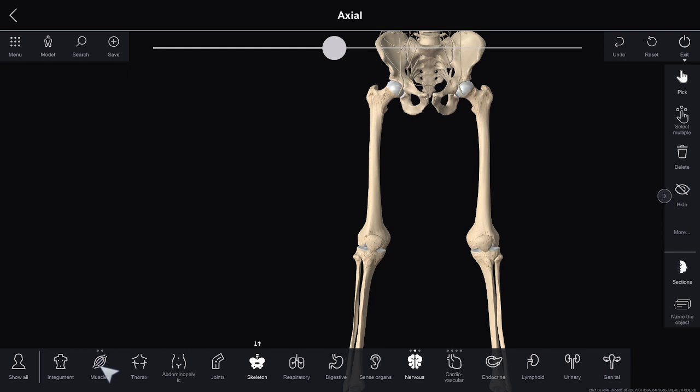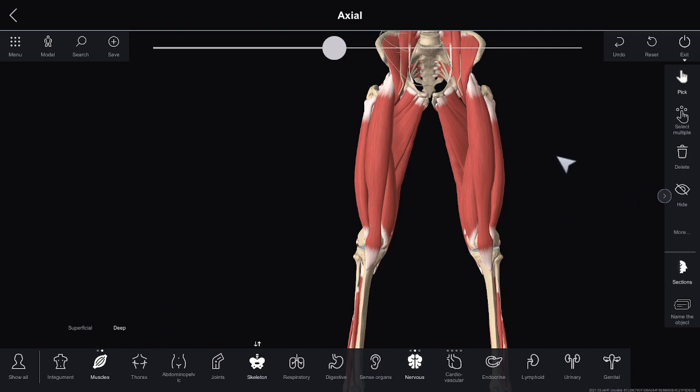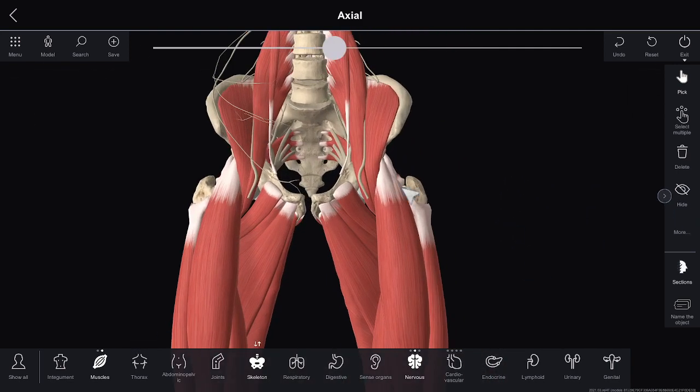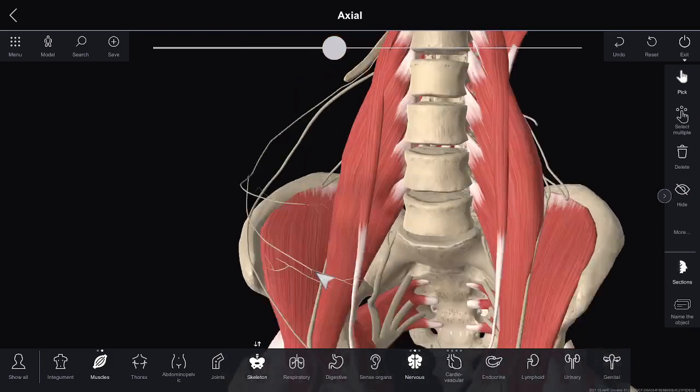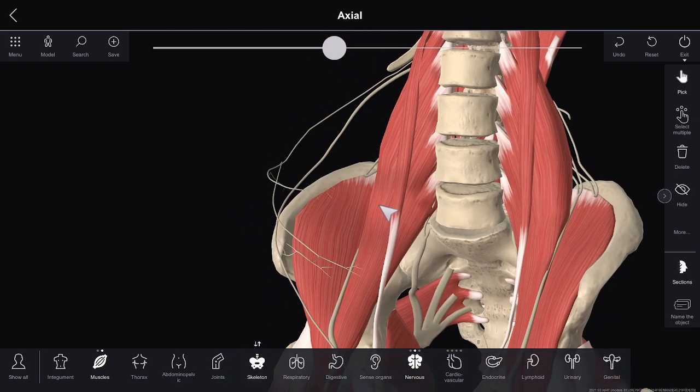Here there are muscles, superficial and deep. For us, it's good now to use deep muscles, not superficial. Deep. And return to the nerve.